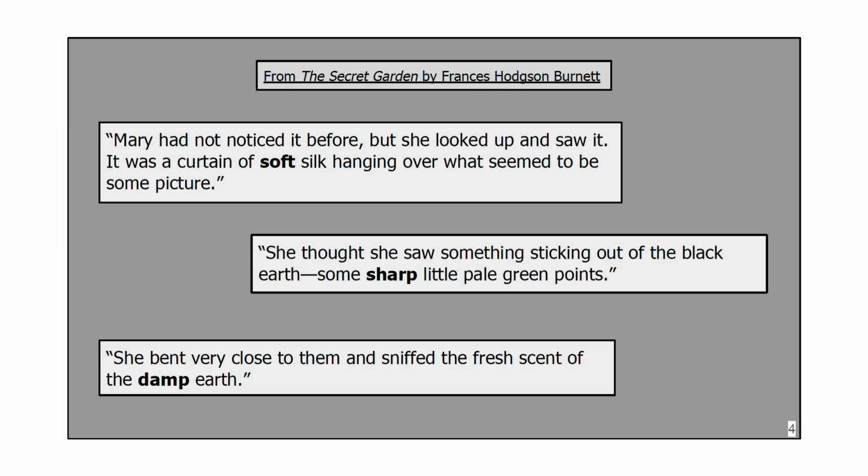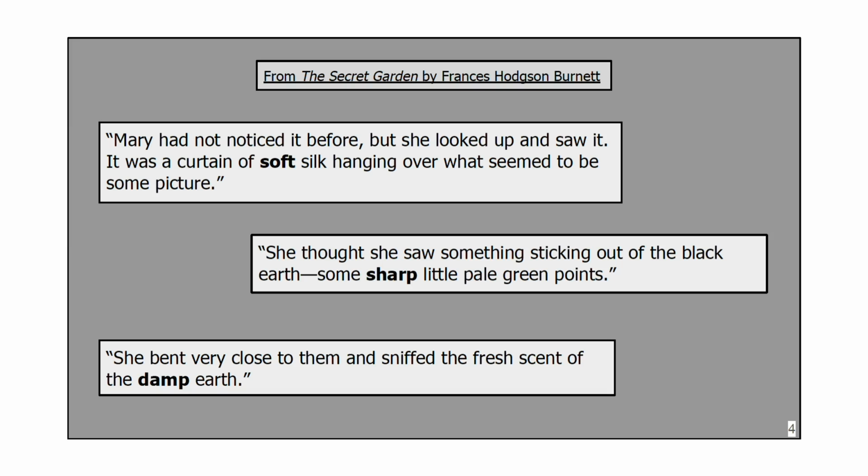Even though Mary doesn't know what she's looking at, she has likely seen and felt things that are sharp before. Because of this previous experience, when Mary sees the points, she can predict that the tactile quality will be sharp.